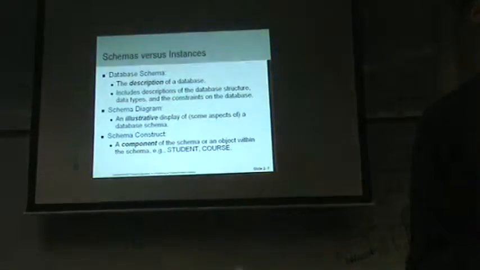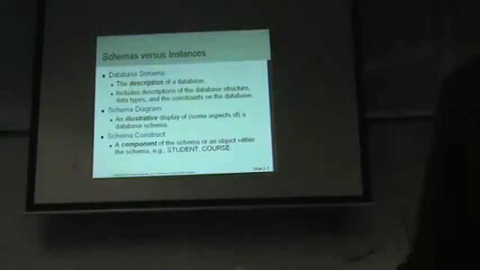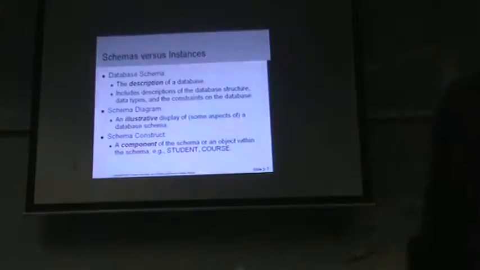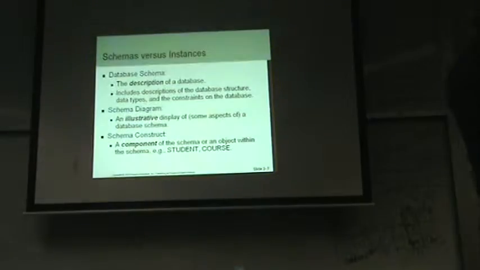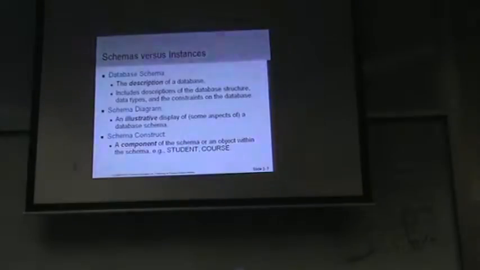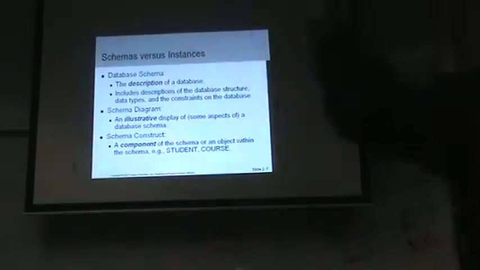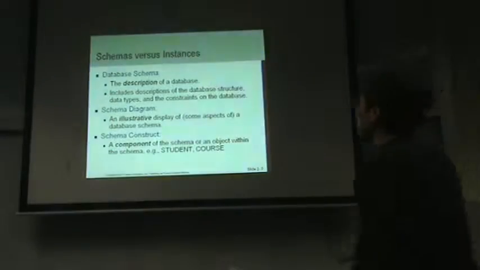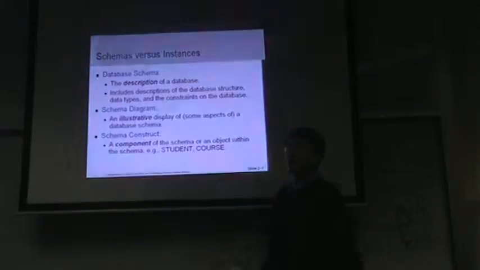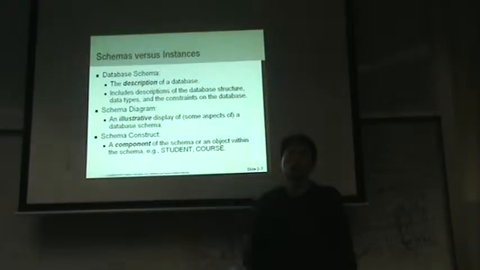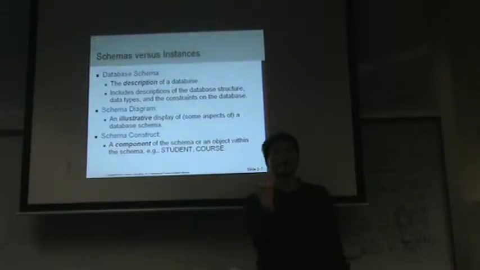Sometimes it can be considered as a boundary. So this is a university schema, meaning all information, all description about the university will be inside this boundary, inside this schema. Sometimes it's very hard to understand from the schema.